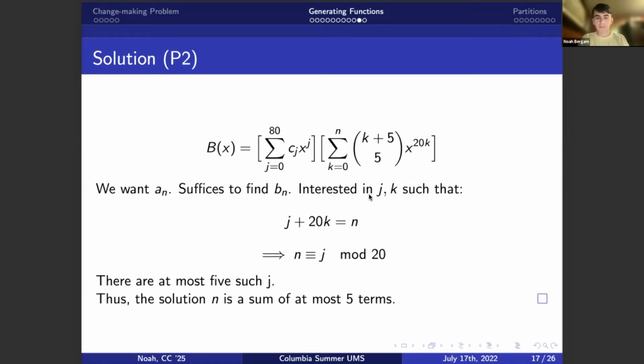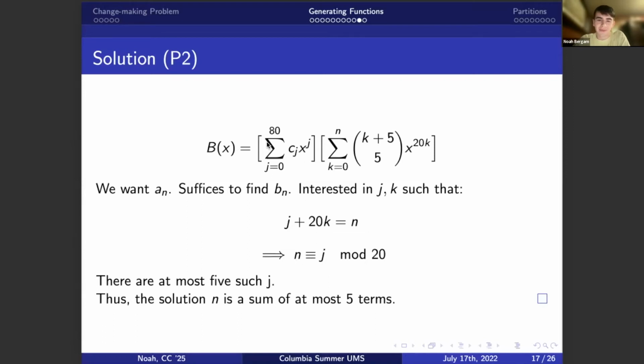That means that whenever we're trying to find the coefficient value of b_n, we can look at a finite number of terms, and specifically at most 5 terms, because there's at most only 5 distinct values which can fit in j mod 20.